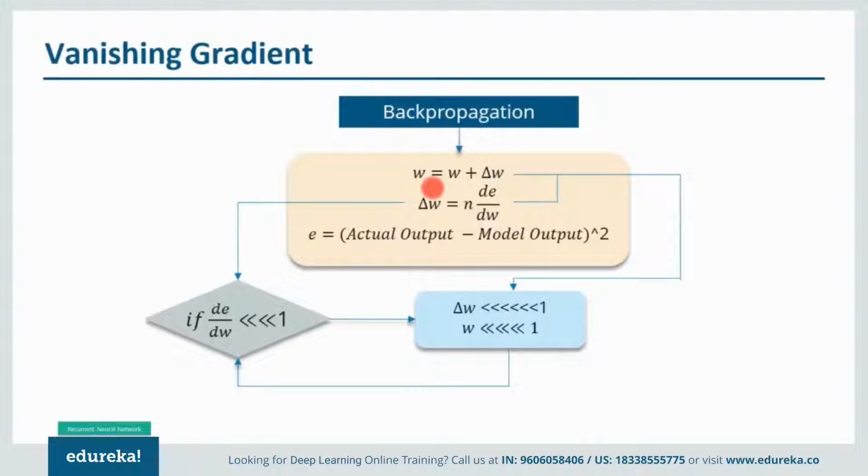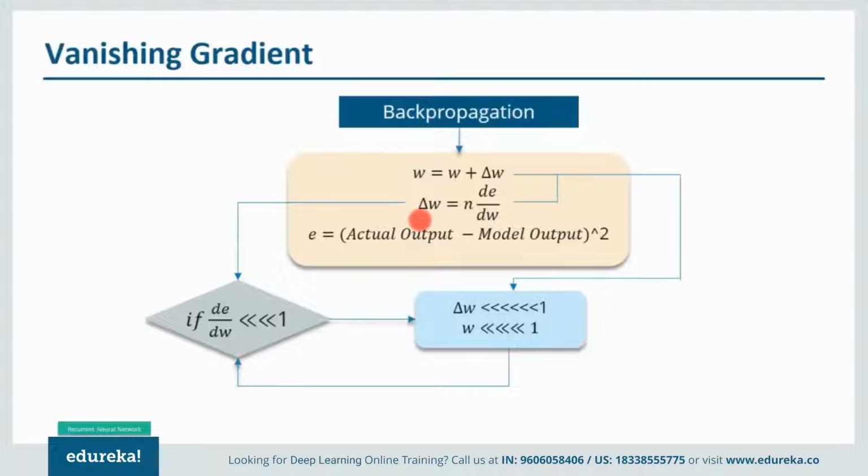Now over here what can happen if the value dE by dW, that is the gradient, or you can say the rate of change of error with respect to our variable weight, becomes very small, much smaller than 1, like 0.00 something. If you multiply that with the learning rate, which is definitely smaller than 1, then you get a change of weight which is negligible. There might be certain examples where you are trying to predict, say, the next word in a sentence and that sentence is pretty long.